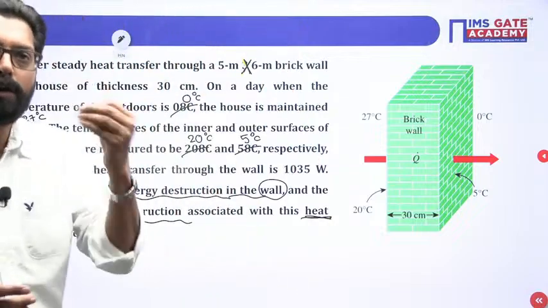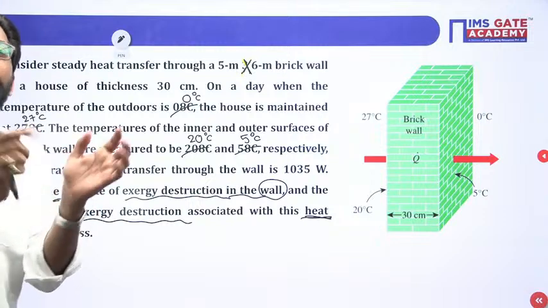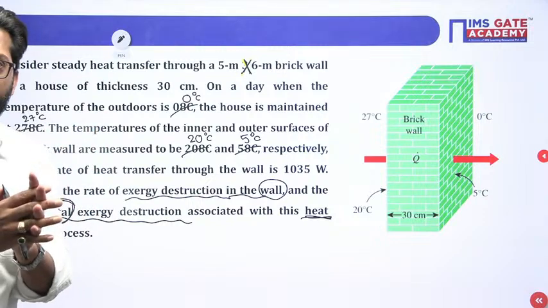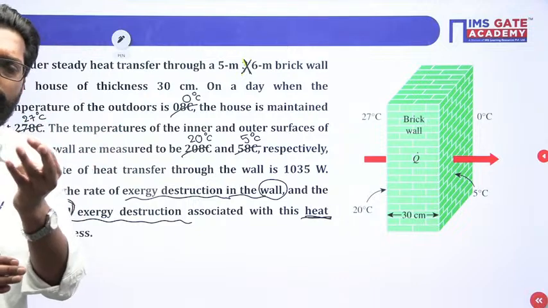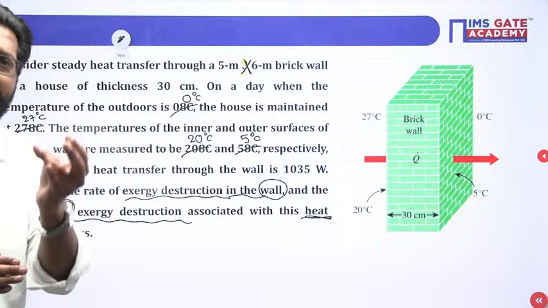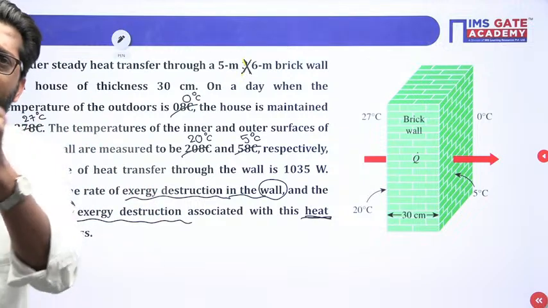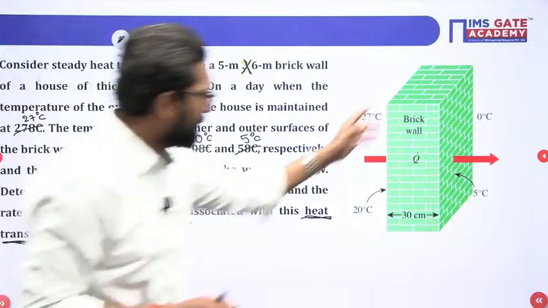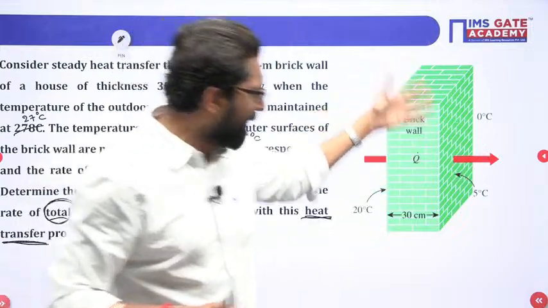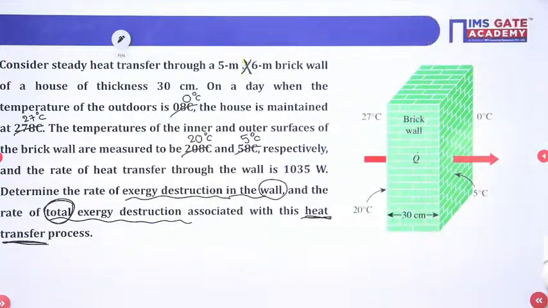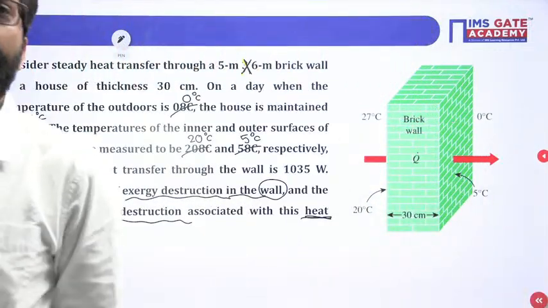Due to work also the exergy will transfer, but due to work, entropy will not transfer. Here the wall only transfers heat, so we can take this wall as a closed system. That means we have to balance the exergy of a closed system.